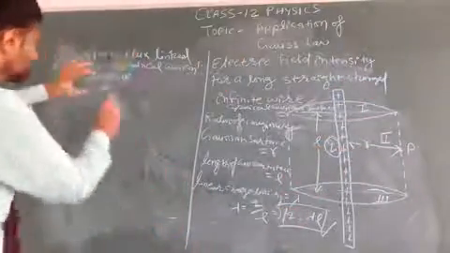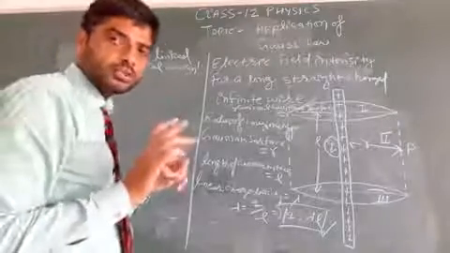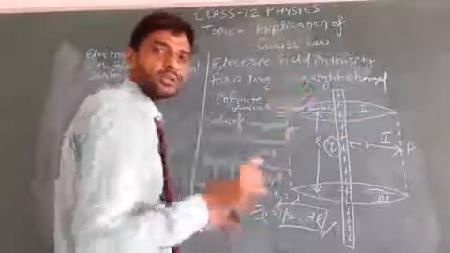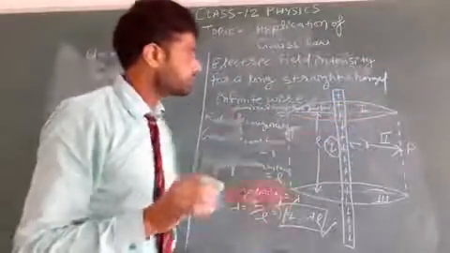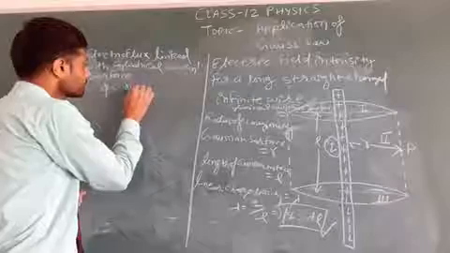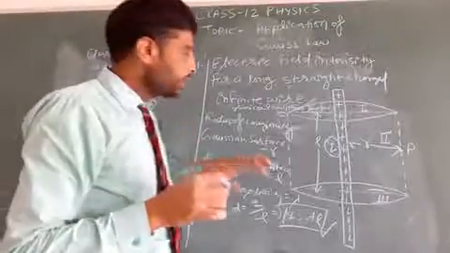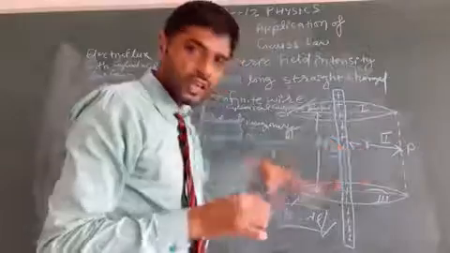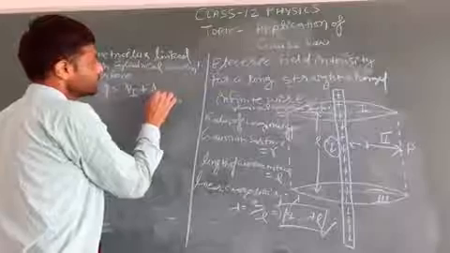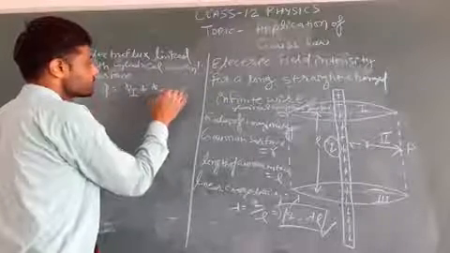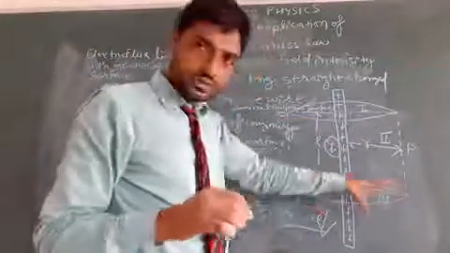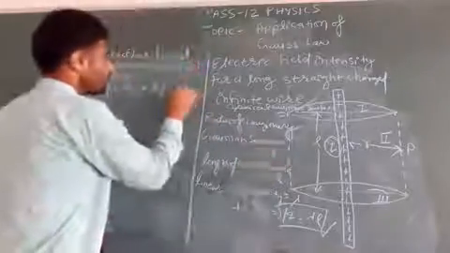It means phi equals the flux linked with the first surface, phi 1, plus the flux linked with the second curved surface, phi 2, and the flux linked with the third surface, phi 3.